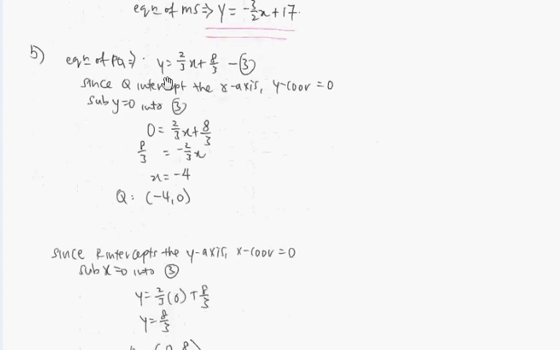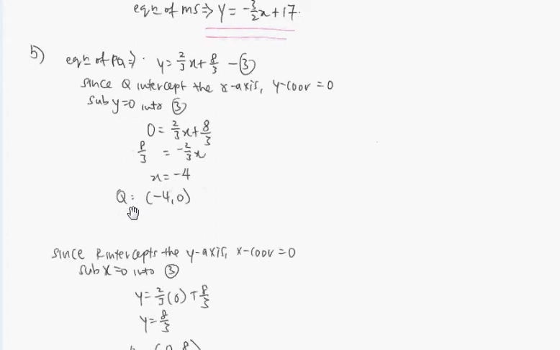The equation of PQ, which we have found earlier, is y equals 2 over 3 x plus 8 over 3. Since Q intercepts the x-axis, the y-coordinate equals 0. So to find the coordinate of Q, we sub in y equals 0 into the equation of PQ, and we get the x-coordinate, x equals -4.